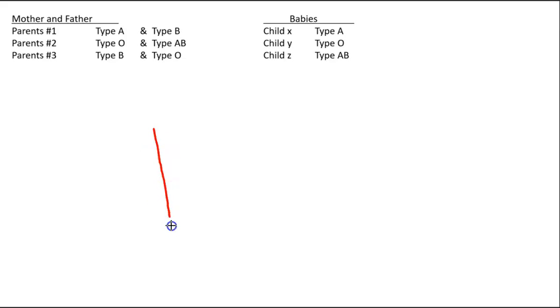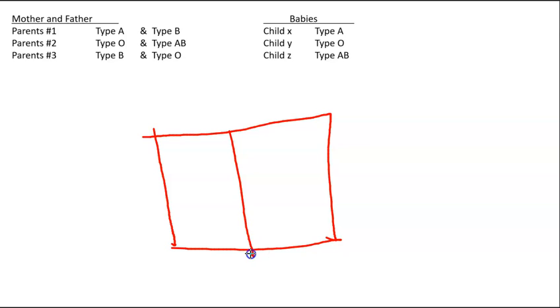So mom has type B blood. Mom can either be homozygous dominant for type B or she can be heterozygous. So let's start with homozygous for type B. So here's mom here. So her genotype would be IB.